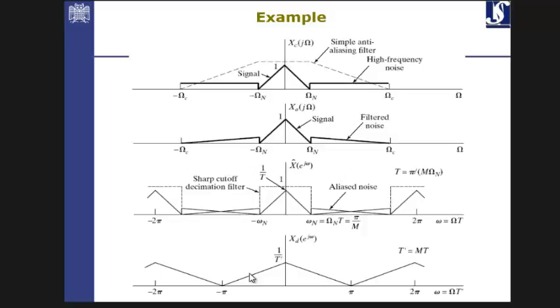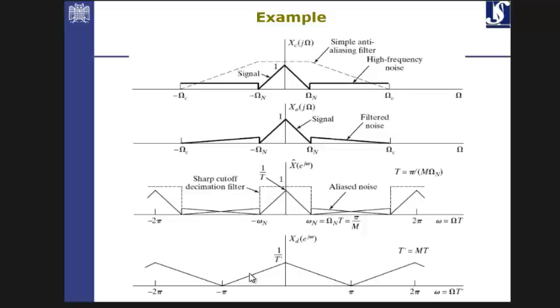What I said about the anti-aliasing filter is more graphically shown here. You have the signal in the time domain, and the bandwidth of the signal is normally from minus omega n to plus omega n in a symmetric form, but there is also noise in it. The noise actually occupies the higher bandwidth of the signal up to the maximum possible frequency.